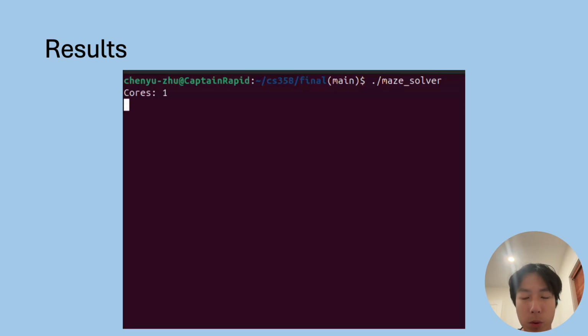Now we're running using one core, and let's see how long it takes. Okay, it takes a long time, almost half a minute. So let's see how long it takes for 2 cores.